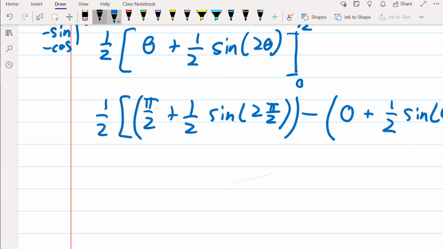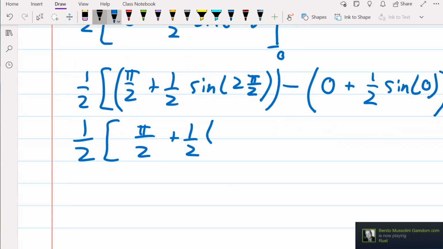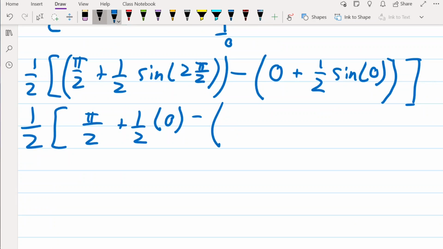And then we simplify. So sine of pi is 0, and sine of 0 is 0. So we will get pi over 4, which is the correct answer.